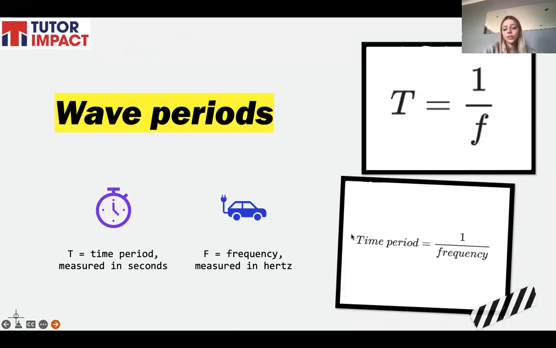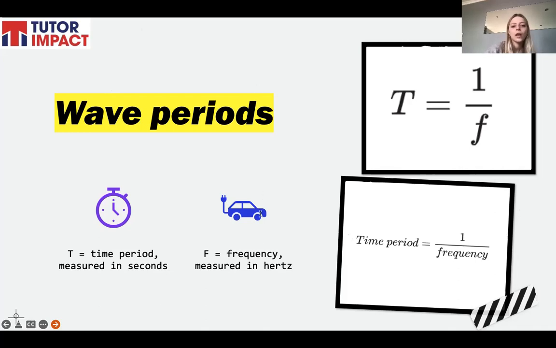The equation is time period equals 1 divided by the frequency. So time period equals 1 over the frequency, and that is how you calculate the time period.